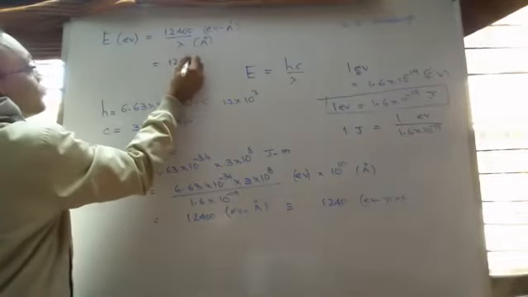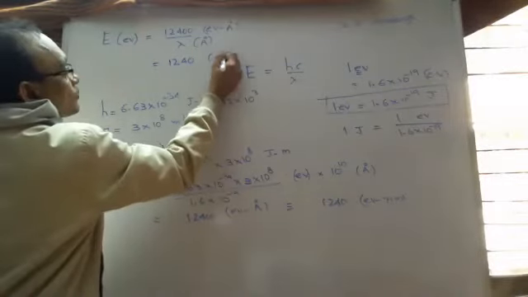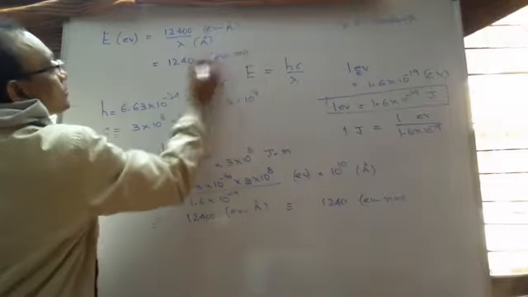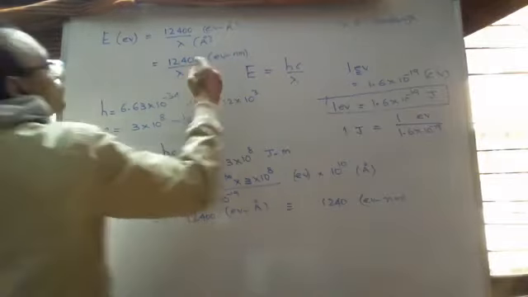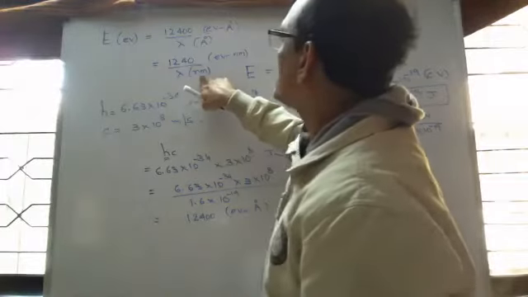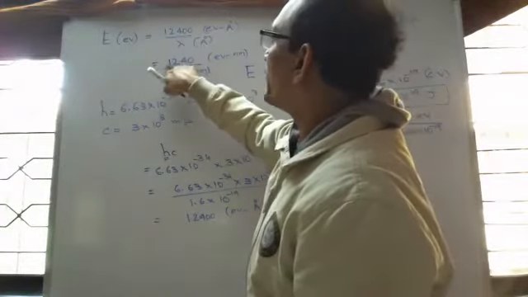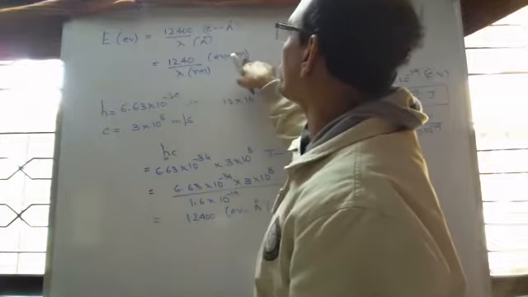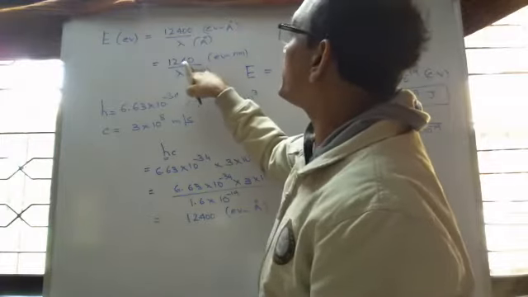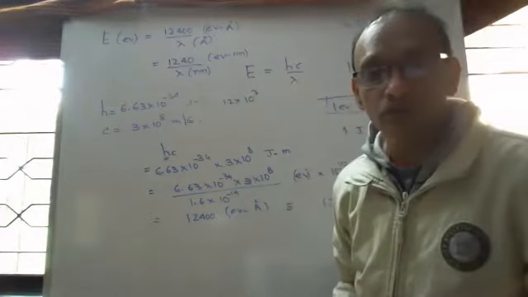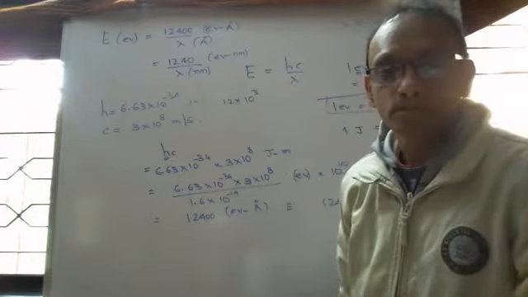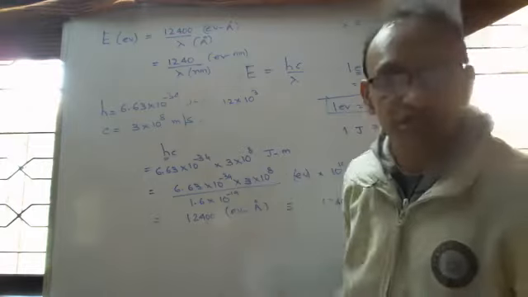Or roughly 1240 electron volt nanometer divided by lambda in nanometer. So if you use lambda in nanometer, then the numerator should be 1240 electron volt nanometer. Nanometer will get cancelled. You'll get energy in electron volt of a photon. Right, so should remember this.